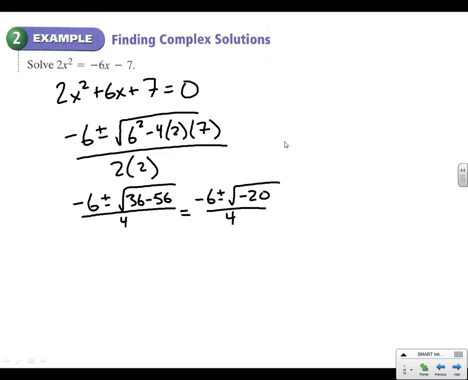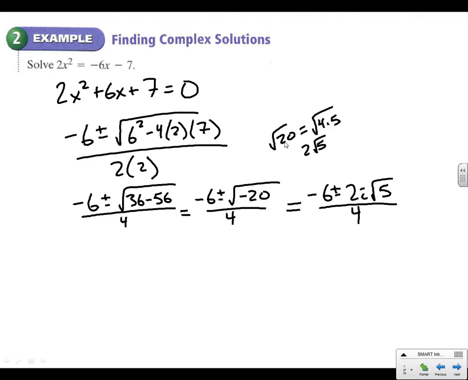Alright, so now we need to clean it up using i. Negative 6 plus or minus i, and let's see, square root of 20 is square root of 4 times 5. So we've got 2 root 5. So 2i root 5 all over 4. Remember to take the negative out, you make it the i.